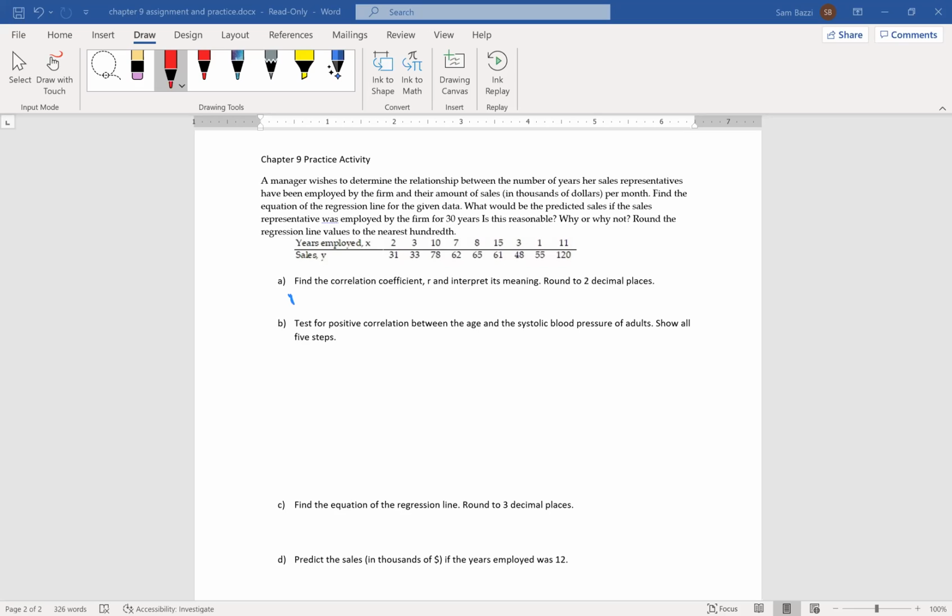Let's go to stat, edit, and input the data in L1 and L2. So I got 2, 3, 10, 7, 8, 15, 3, 1, 11 in L1, and then go to L2.